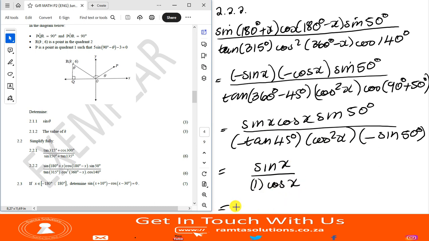What is this? This also becomes tan x, because we are left with sine over cosine. So this then becomes tan x. Okay, this is where we get our full marks. Okay, perfect.